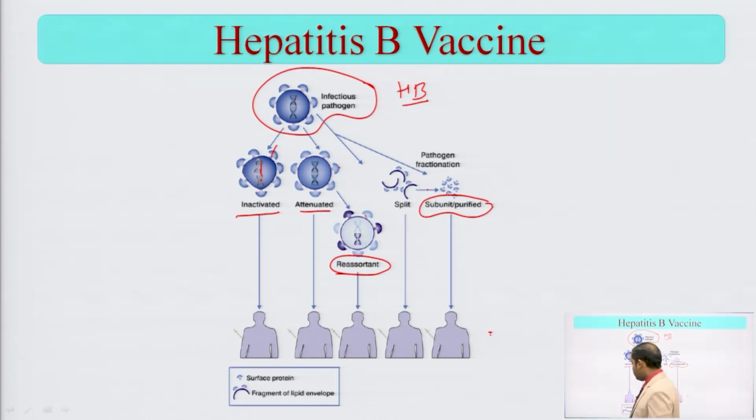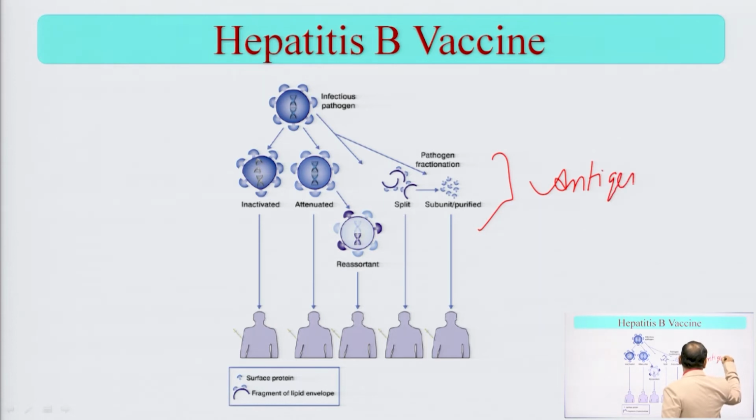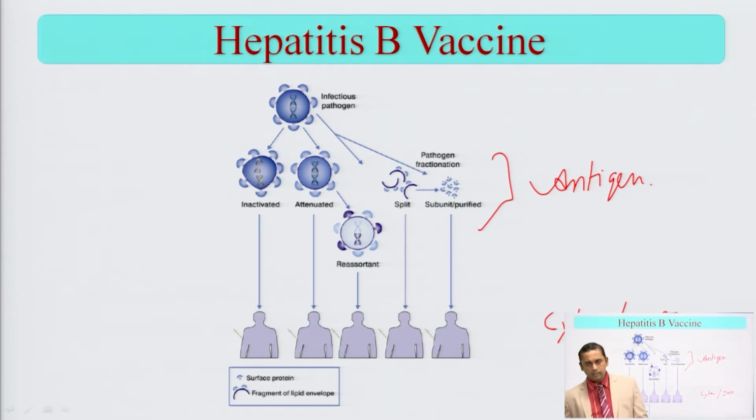So, what will happen when any of these things enter the human body? This is called an antigen. Vaccines are basically antigens. When these enter the human body, as all of you have seen in my previous lecture, cytokines and interferon will be activated, and other cells will be informed. T cells and B cells will come into the picture, and B cells will try to produce antibody against those substances.